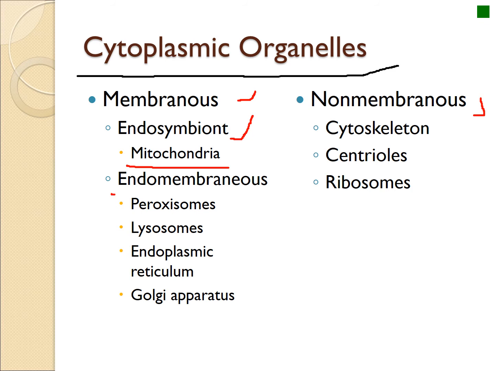And then there are what are called the endomembranous organelles, and these are organelles that are actually built by the cell. And I call these organelles on demand. That means that the amount of these organelles, the things that they do, are all determined by the needs of the cell. And this is where the role of the nucleus and the environment come in.